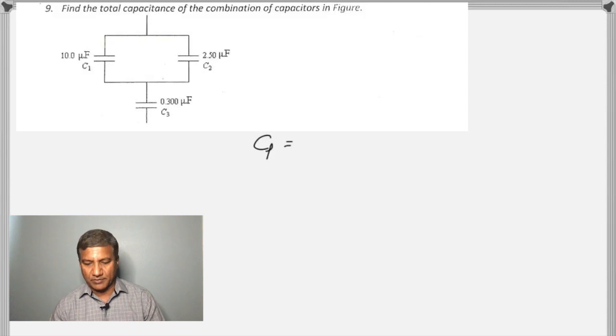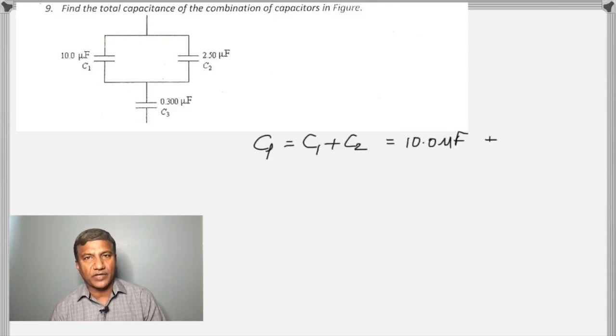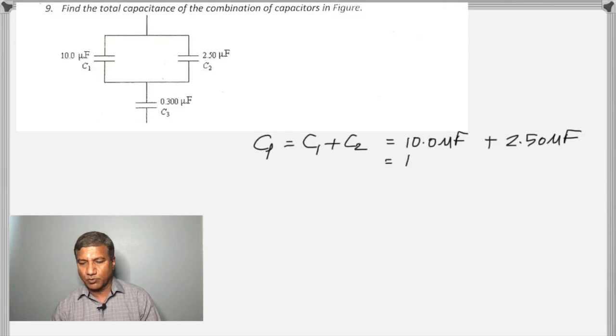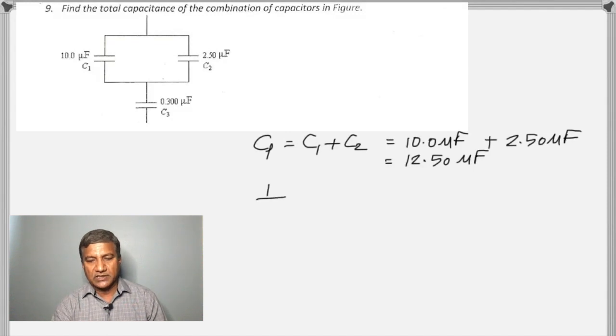In a parallel combination, the formula is simply add the two capacitances, and we'll keep it in microfarad. So 10 microfarad plus 2.50 microfarad gives 12.50 microfarad. And so you can replace these two capacitors with that single one, and then that is in series with the third one.